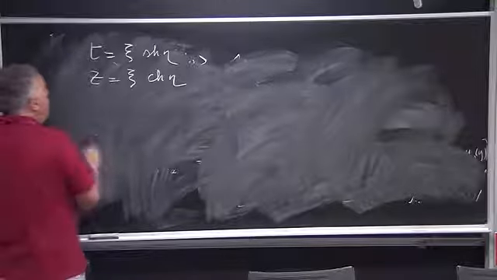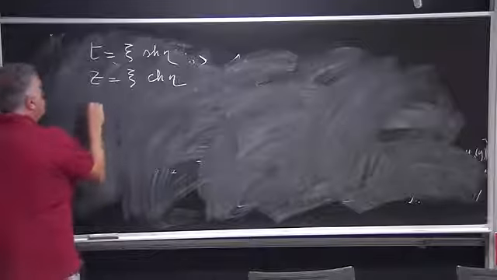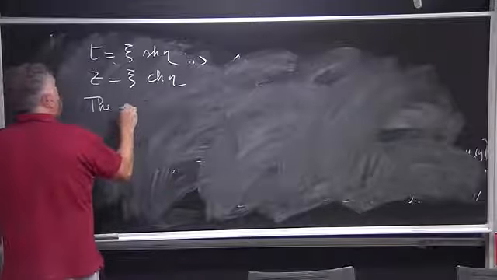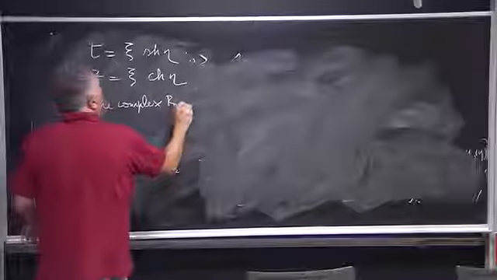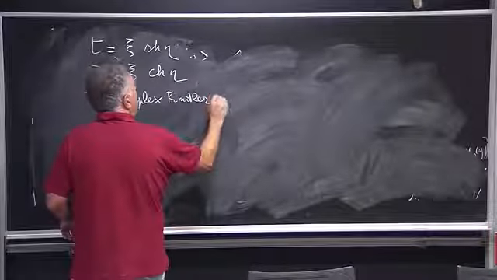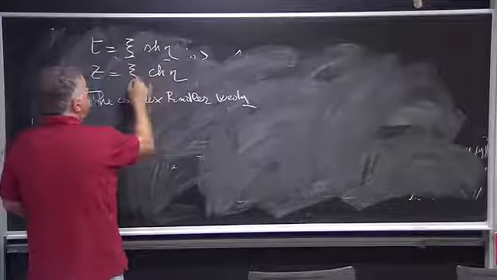Okay? Think of it as describing the complex Rindler wedge. What does it mean? That now you consider psi and eta as complex variables.